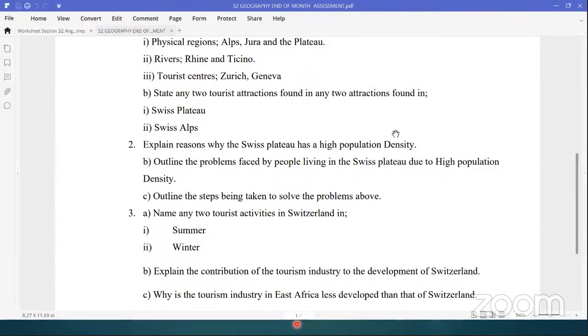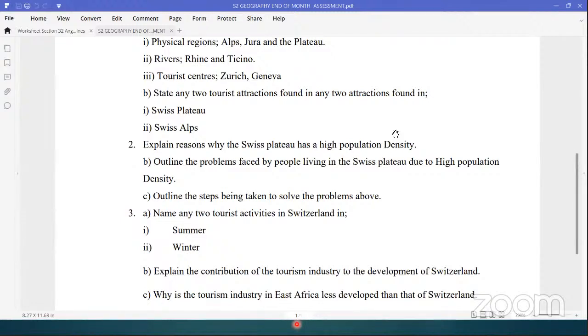Let me see. Irene. Teacher, let me try. There is a problem of congestion in the Swiss Plateau, leading to the spread of diseases. Thank you, Irene. You have tried.